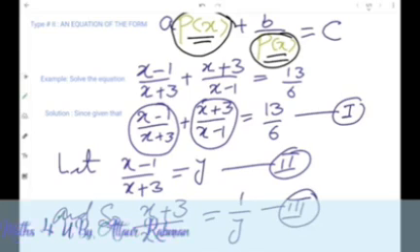Why? To get equation 1 in the standard form of a quadratic equation. That is, we will have y plus 1 upon y is equal to 13 by 6. But still, this equation is not in the standard form of a quadratic equation. That is, it's still a disguised quadratic equation.